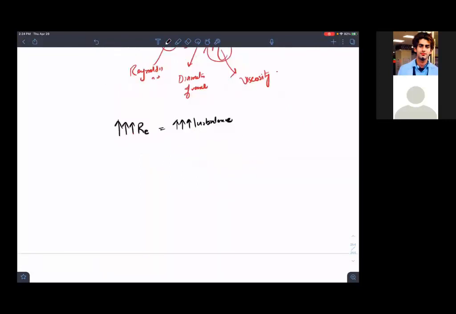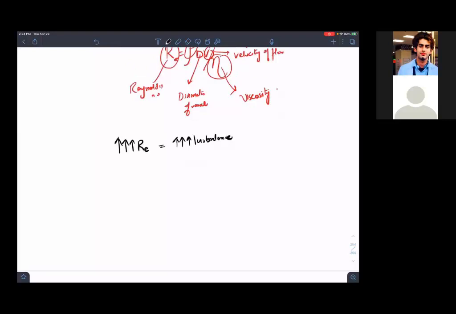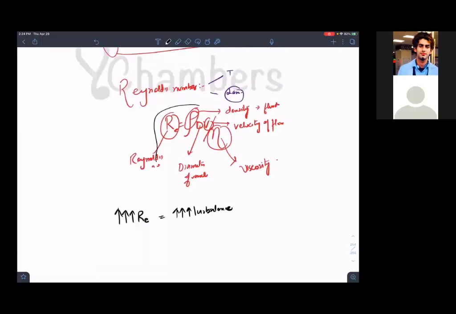Out of the four variables, which is going to have the major dominance on turbulence? It is the velocity. Remember this concept. Velocity is the most important determinant of turbulence, not diameter. Both can do it, but velocity does it more.